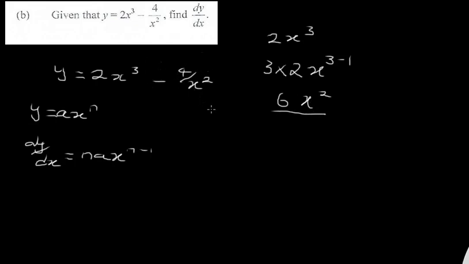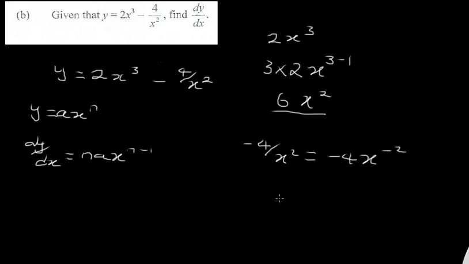Then for the second term, minus 4 over x squared. Remember, when you have a denominator which has a power, when you make it the numerator, the power will get a negative sign. So this is simply the same as negative 4x to the power negative 2.